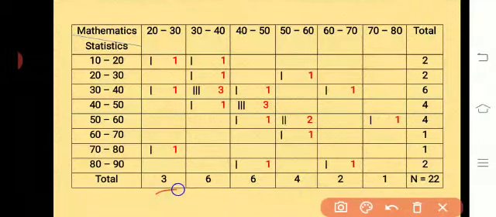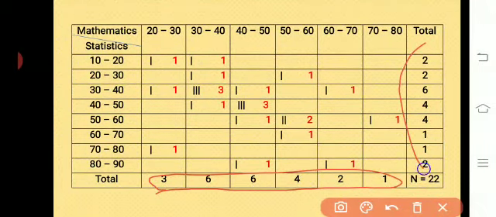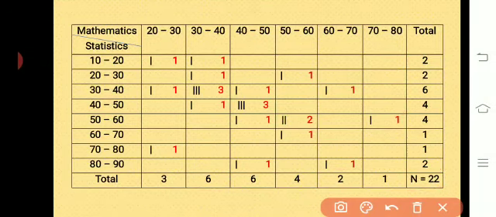Now if we add either these column frequencies or these row frequencies, then at the end we will get the total, that is grand total n equal to 22. That is the marks of 22 students we have considered here. So this is the formation of a bivariate frequency table.